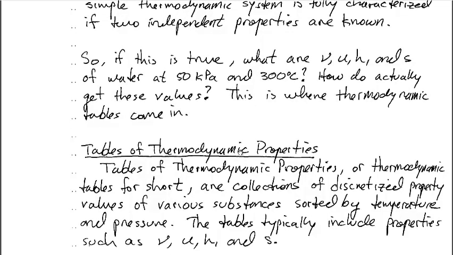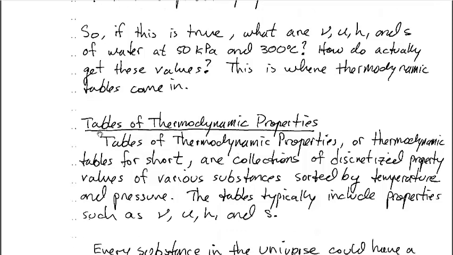So we have something called the tables of thermodynamic properties, okay? And these tables, which we often call just thermodynamic tables for short, are collections of discretized property values of various substances sorted by temperature and pressure. The tables typically include all of the properties that we would need, such as specific volume, internal energy, enthalpy, and entropy.